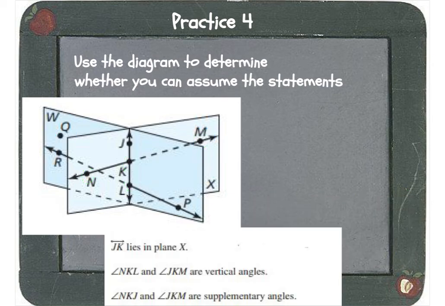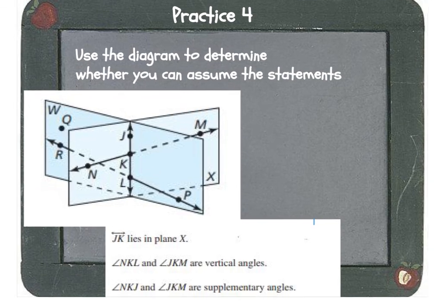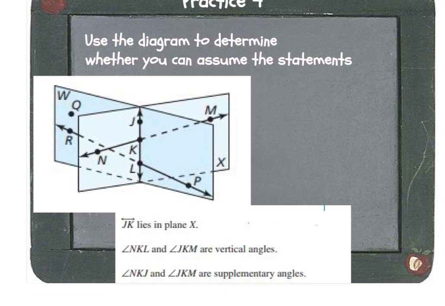Practice 4, use the diagram to determine whether you can assume the statements. So we're doing the same thing, same diagram. All right, so JK, that's this line right here, must lie on the plane X. That one's correct. NKL, this one's a little tricky.